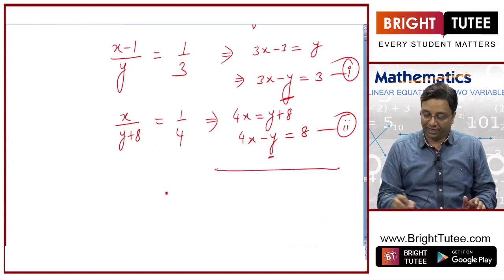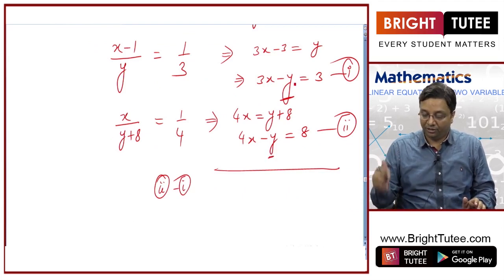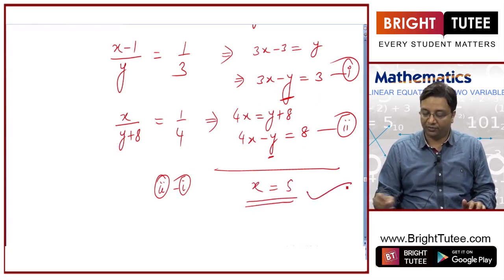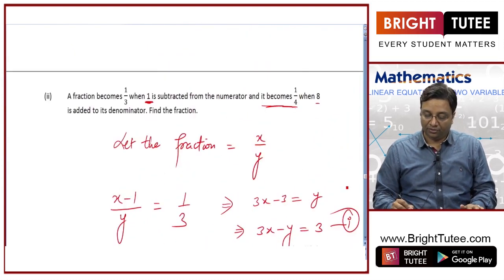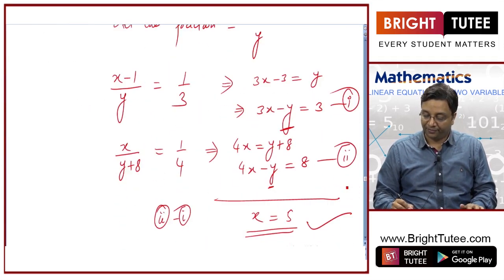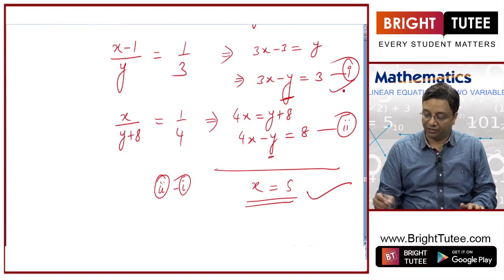So, I will just subtract, let us say, second equation minus first equation. This minus y plus y will become 0. 4x minus 3x will give me x. 8 minus 3 will give me 5. So, x is equal to 5. Now, to find y, let me put it in equation 1.